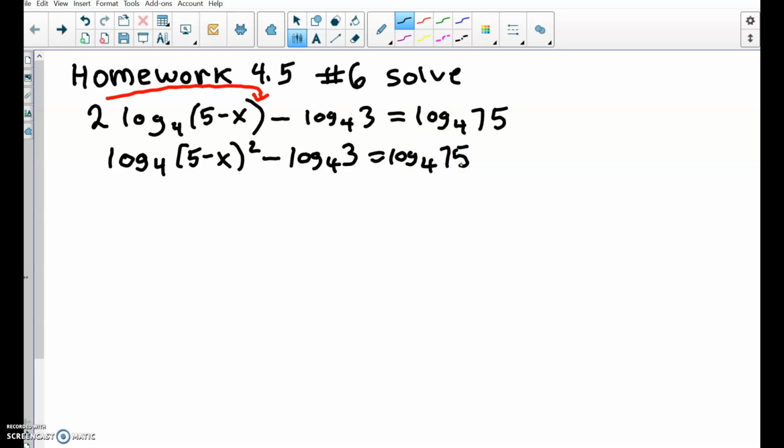Then I can use the quotient rule to put these two terms together because there's a subtraction between them and they are the same base. So I can say have this be log base 4. The first term goes in the numerator. The second one goes in the denominator.